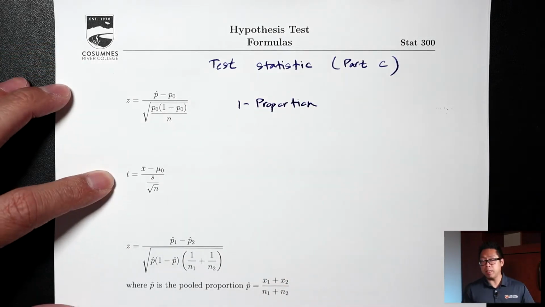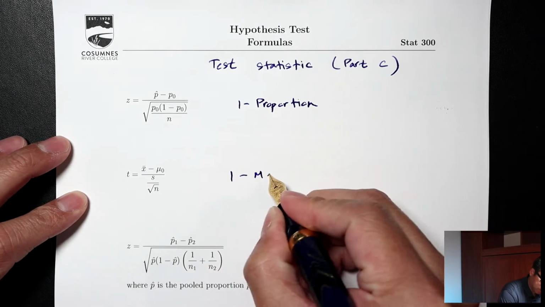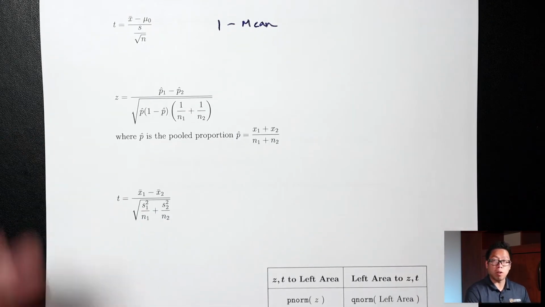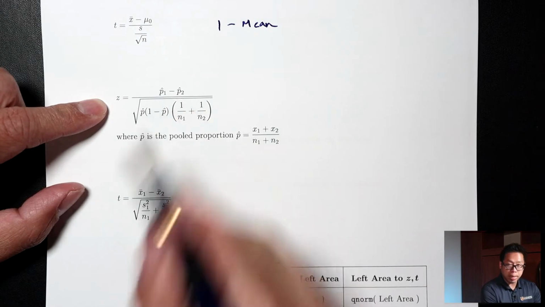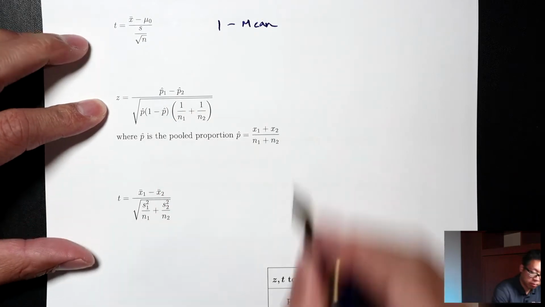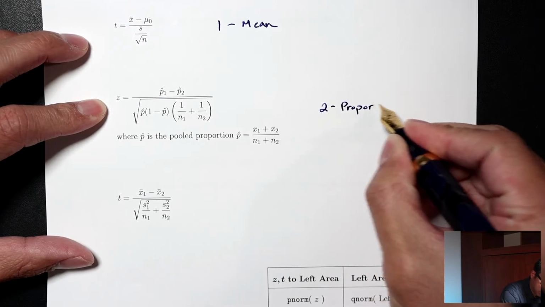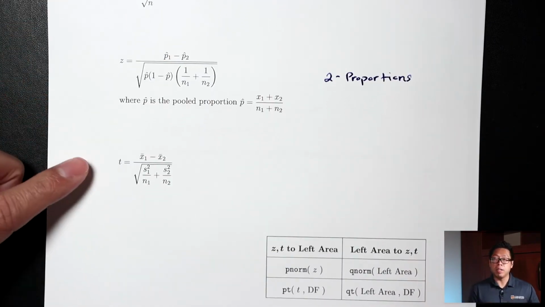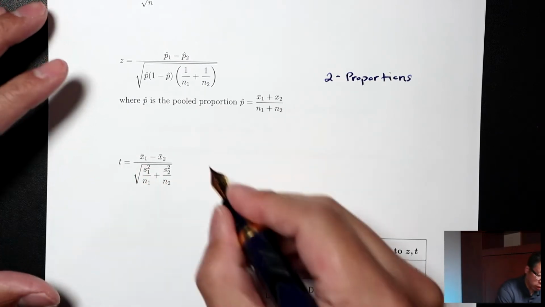The second one with the T, that's going to be for one mean. The next two formulas are the two formulas that are new for today. The first one with the Z and P1 hat, P2 hat, that's going to be for two proportions. The last one here with the T and X1 bar, X2 bar, that's going to be for the two means situation.